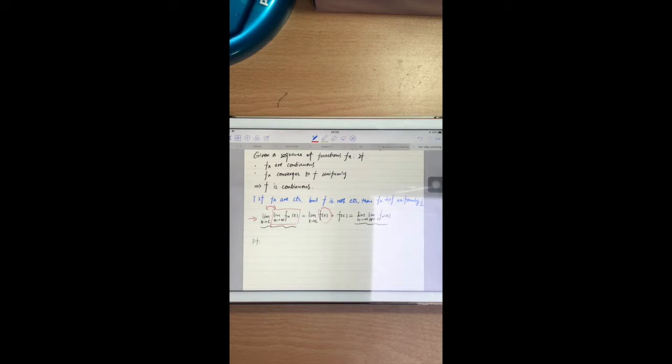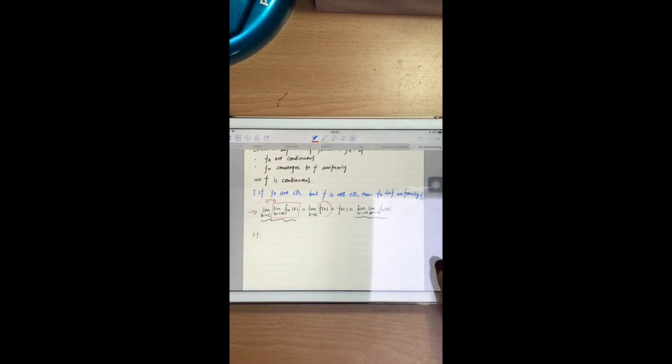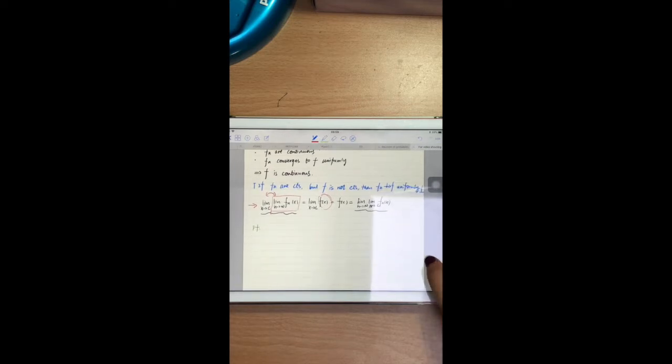You first find the limit function that the sequence is converging to, then you take the limit of that limit function as x approaches some point. I think this is the meaning of the continuity property.